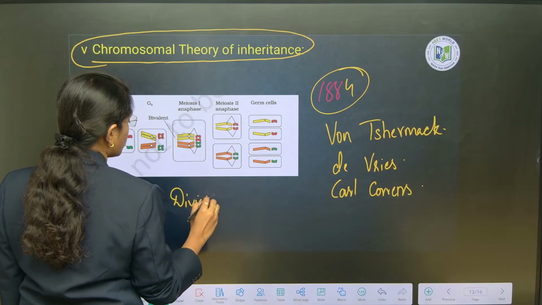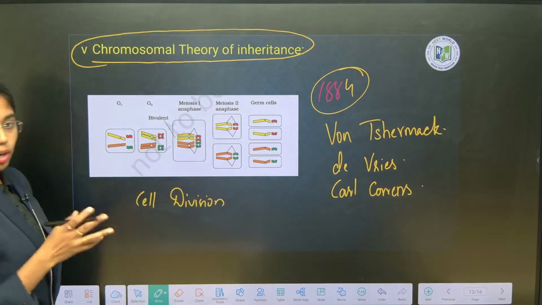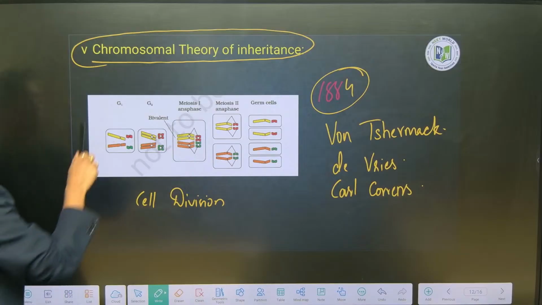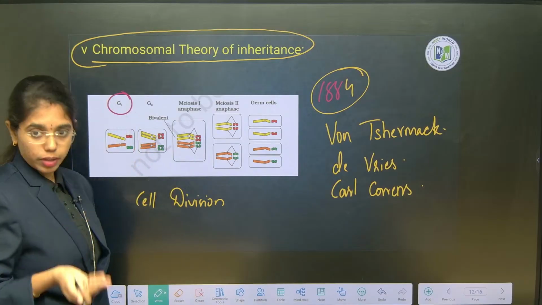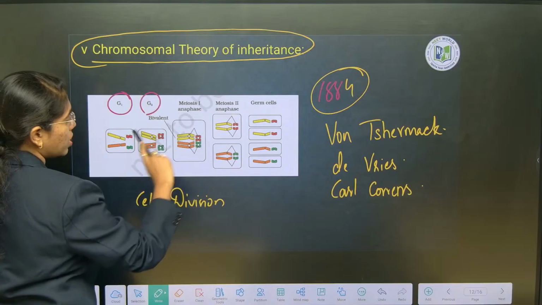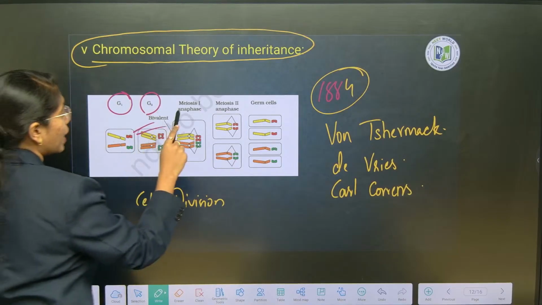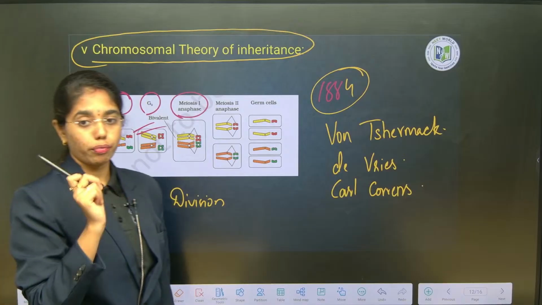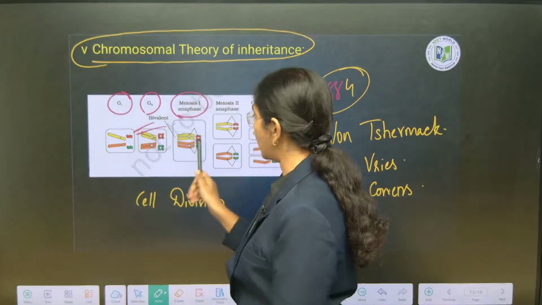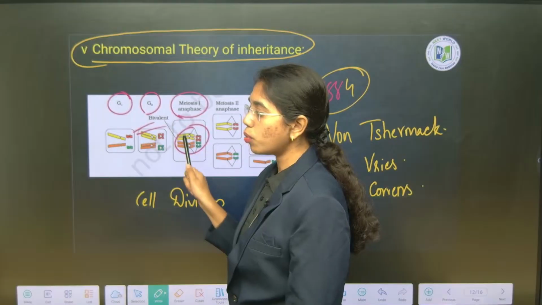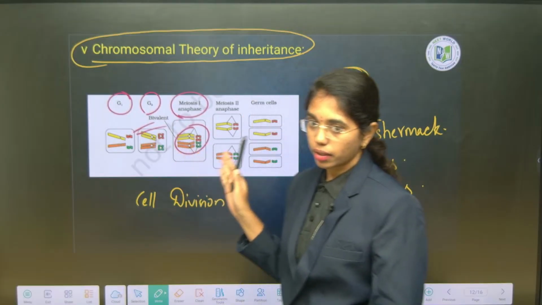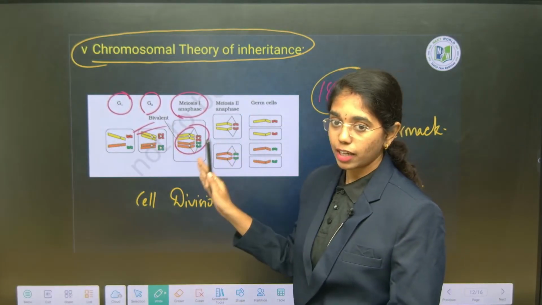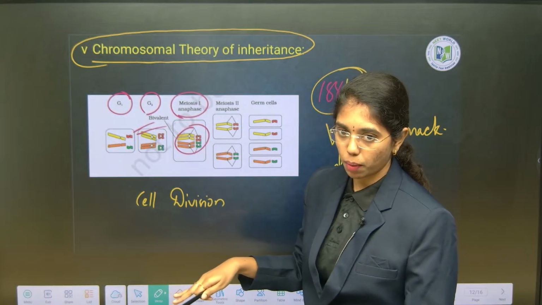So here if you see the chromosomal study, what we have learnt in the cell cycle: G1 phase, S phase, DNA duplication will occur, and this will be G2 phase. And in meiosis 1, especially in the zygotene stage of prophase 1, you can clearly see the bivalents or diploid chromosomes, you can see synaptonemal complex formation.